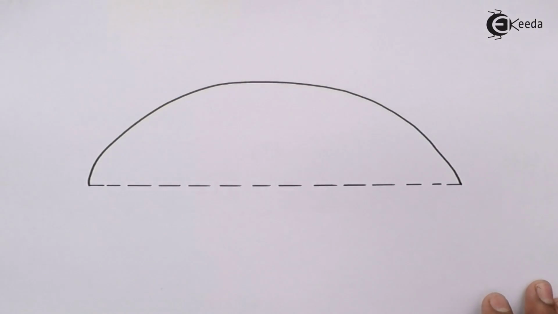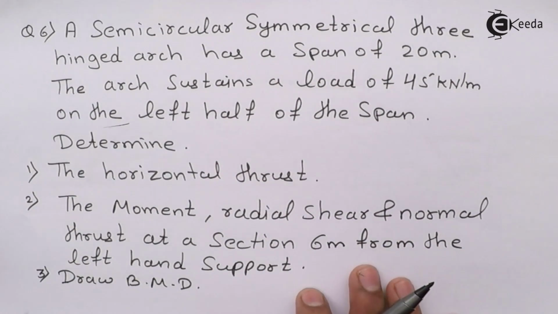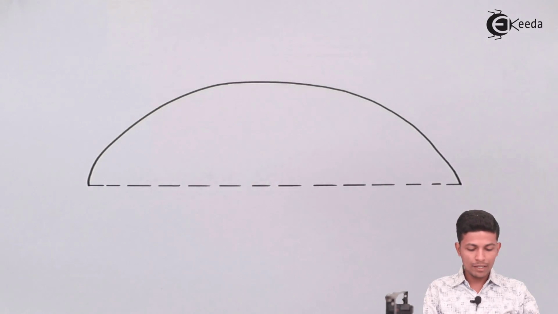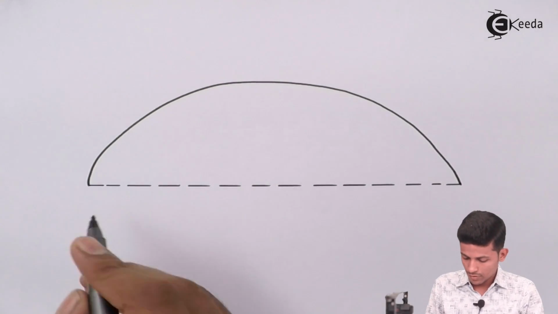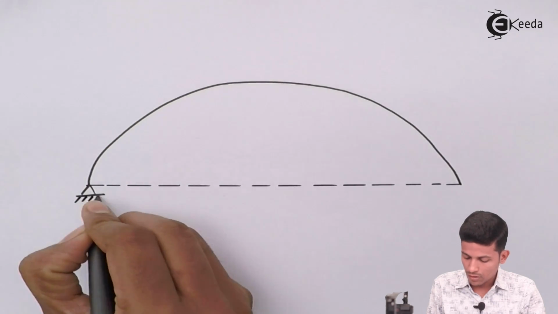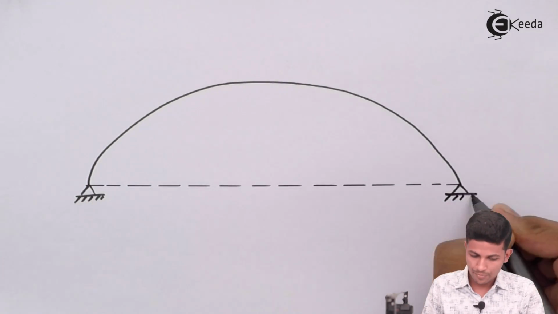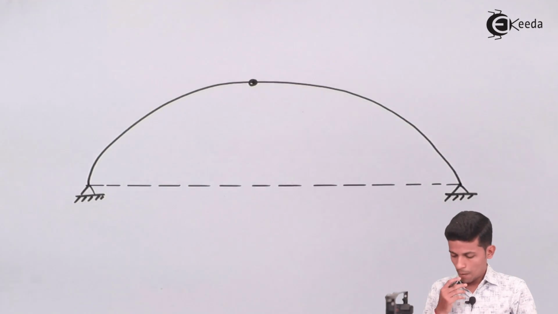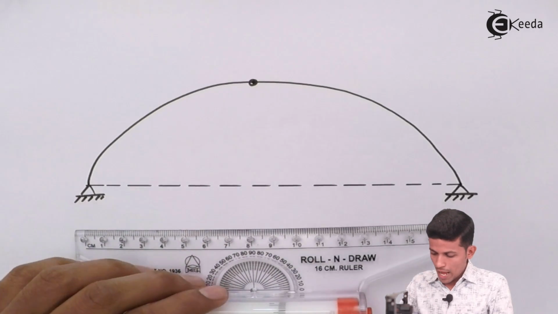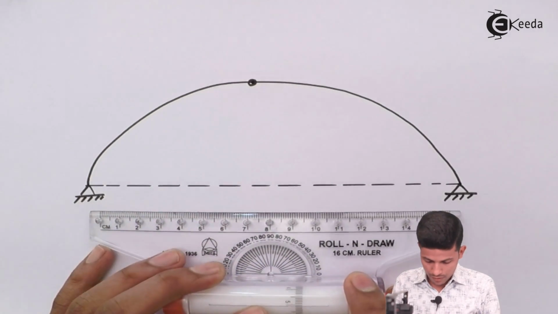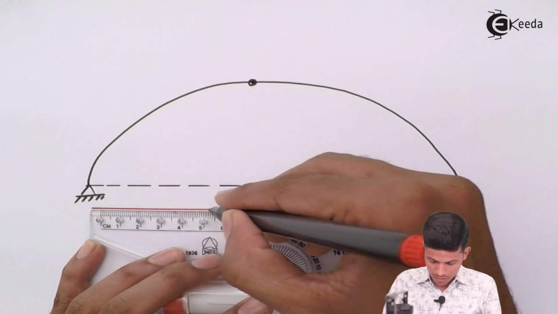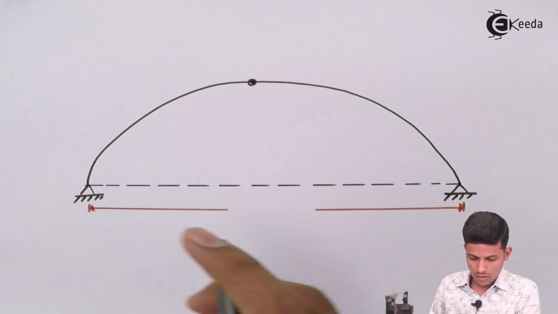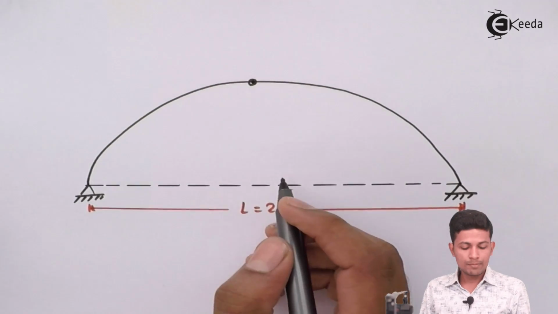Now see, this is a semicircular symmetrical 3-hinged arch, as you all know, which has a span of 20 meter. This is your arch, and the span will be 20 meter.